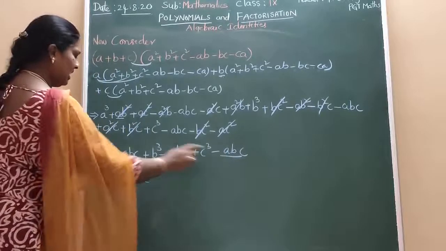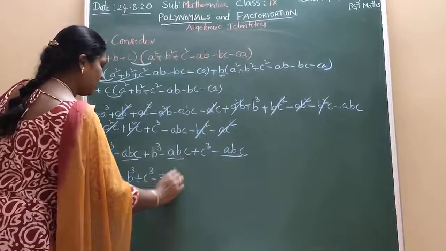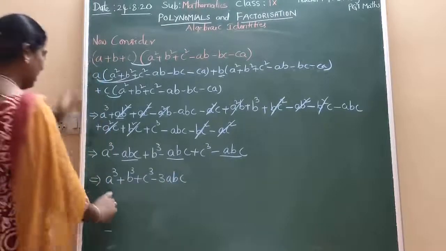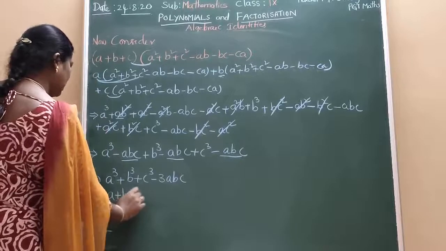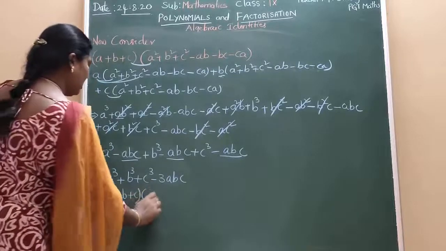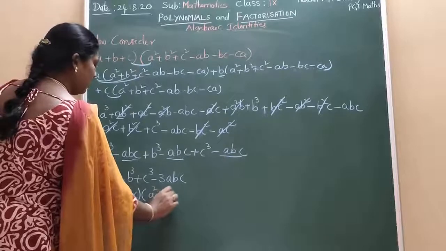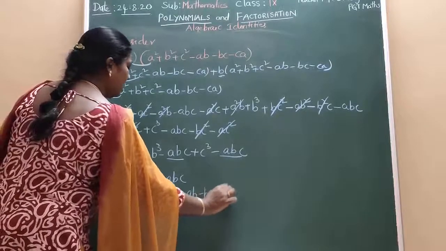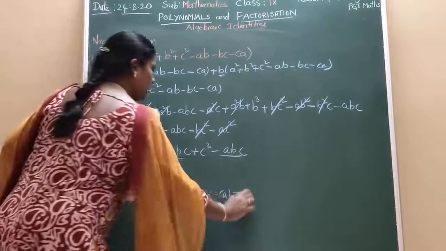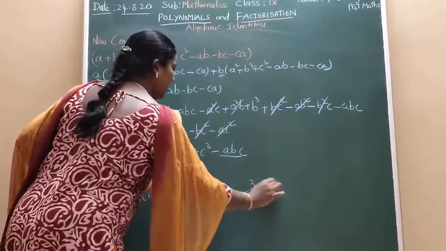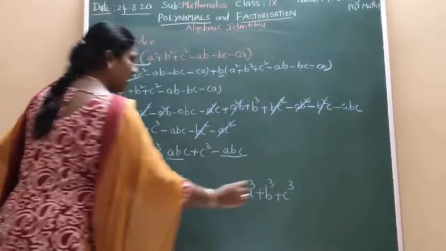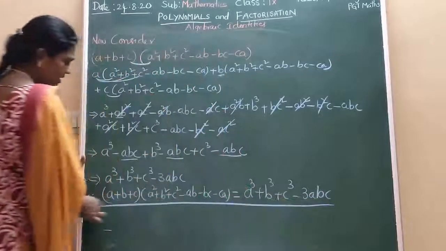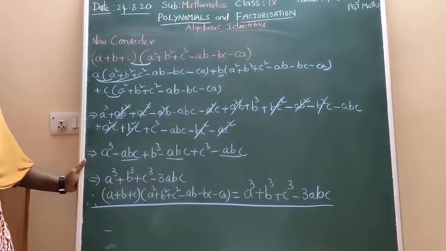These are three terms, that is minus 3abc. Therefore, we conclude that (a + b + c)(a² + b² + c² − ab − bc − ca) is equal to a³ + b³ + c³ − 3abc. This is the 8th algebraic identity.